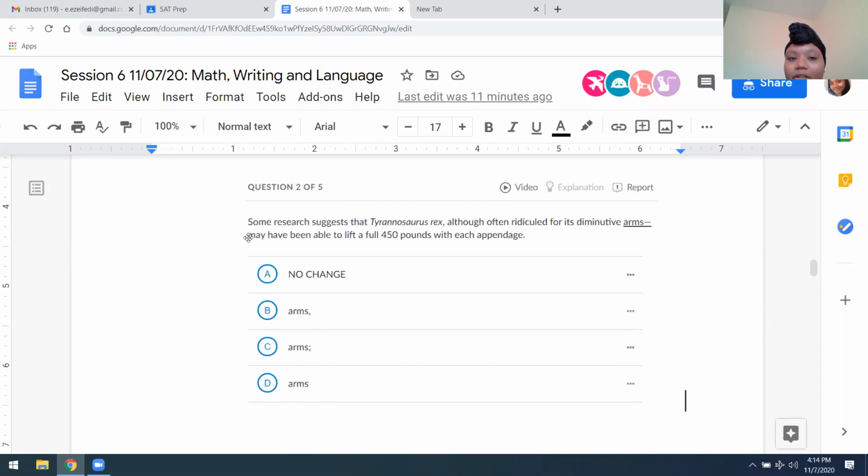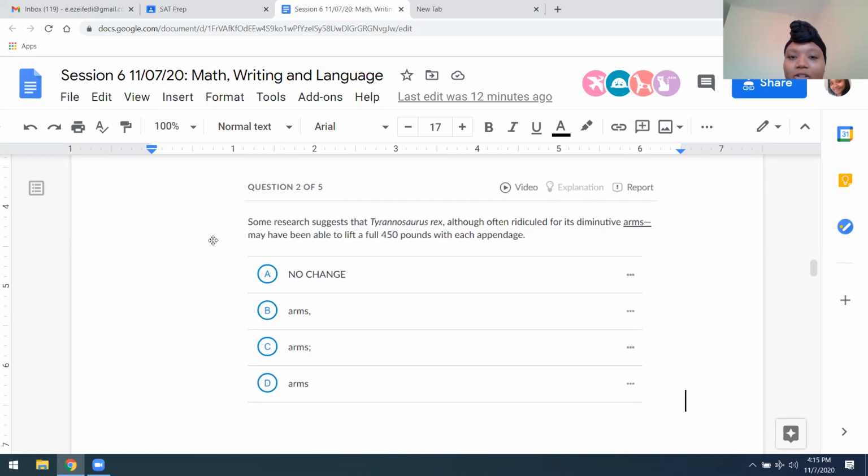So if I start reading this and it says, some research suggests that Tyrannosaurus rex, although often ridiculed for its diminutive arms, the natural cadence that English is spoken in would require that I pause again to make this phrase symmetrical.